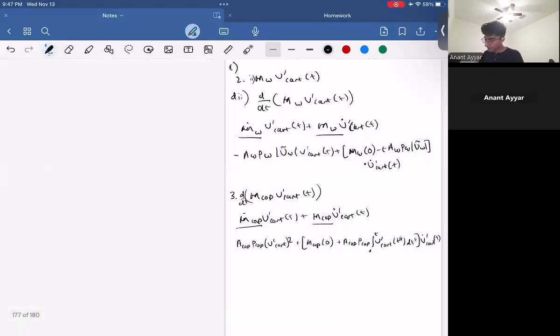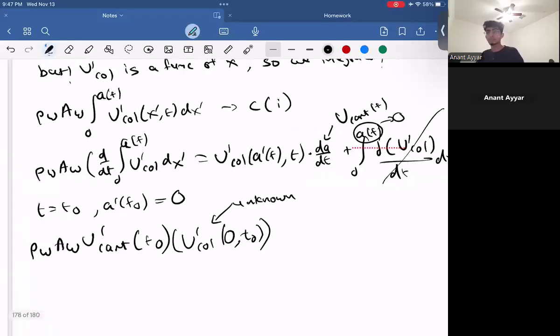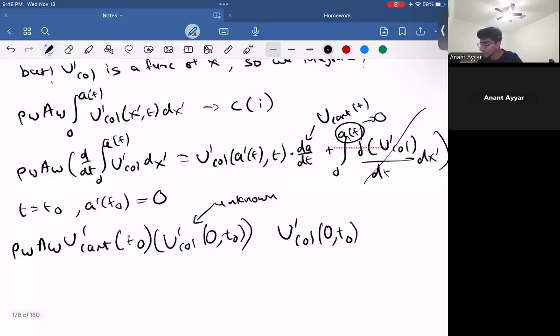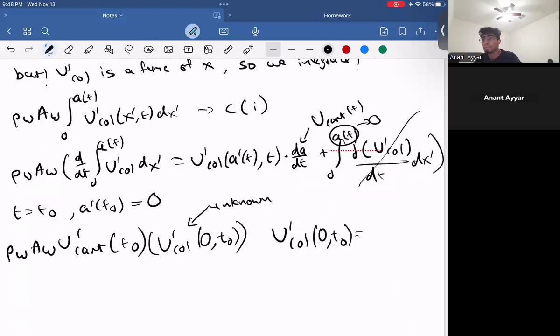So what we'll end up doing is this is from the original equations where it converts from the inertial frame to the moving frame, on the first page of the assignment. This is just rearranging that.